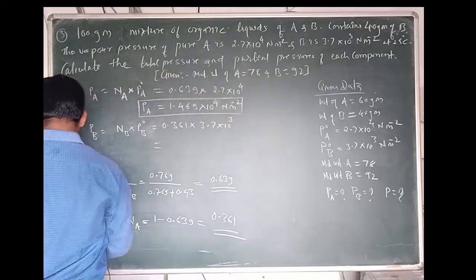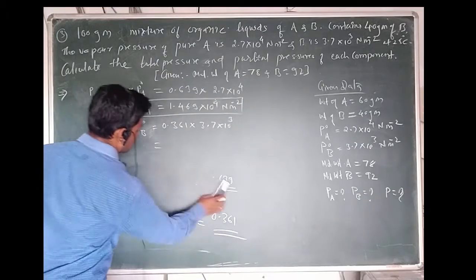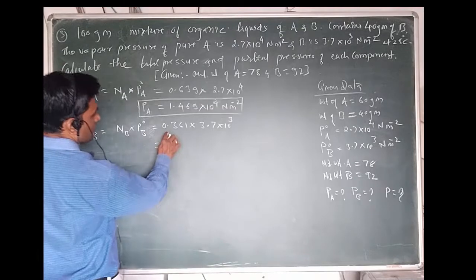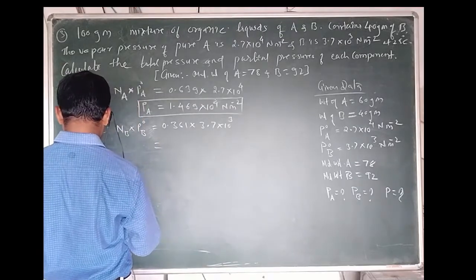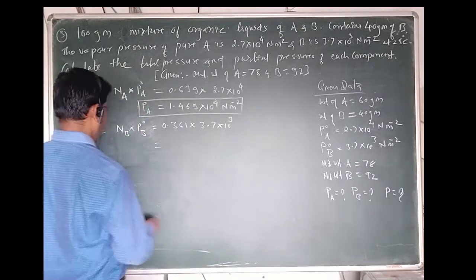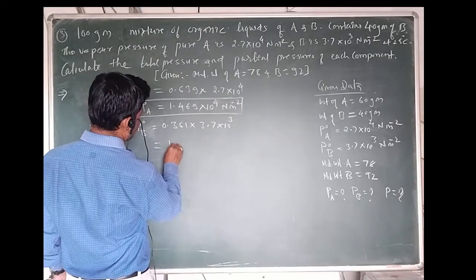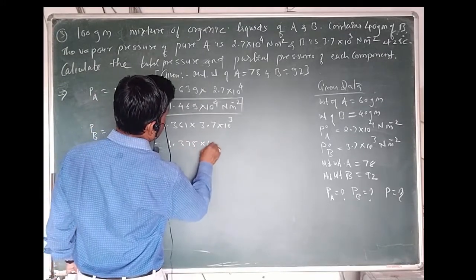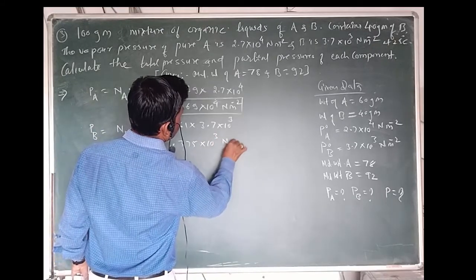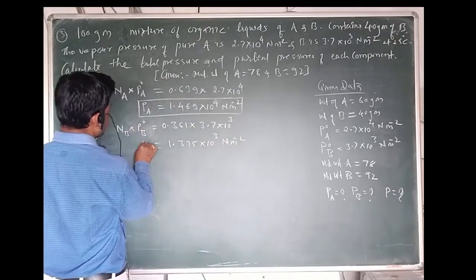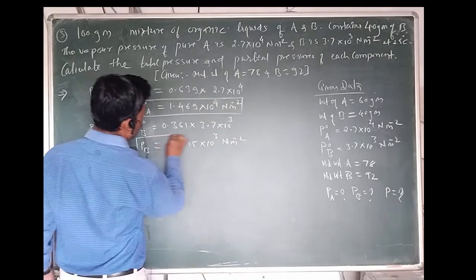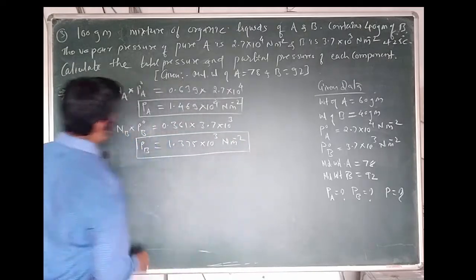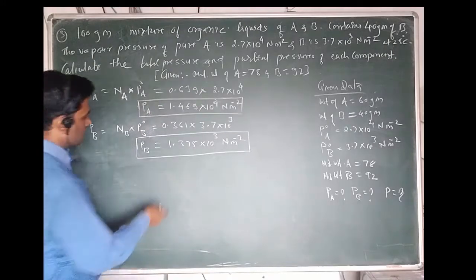After calculation, we have 1.335 into 10 raised to 3 Newton per meter square. This is nothing but PB. So we have the partial vapor pressure of A and the partial vapor pressure of B.